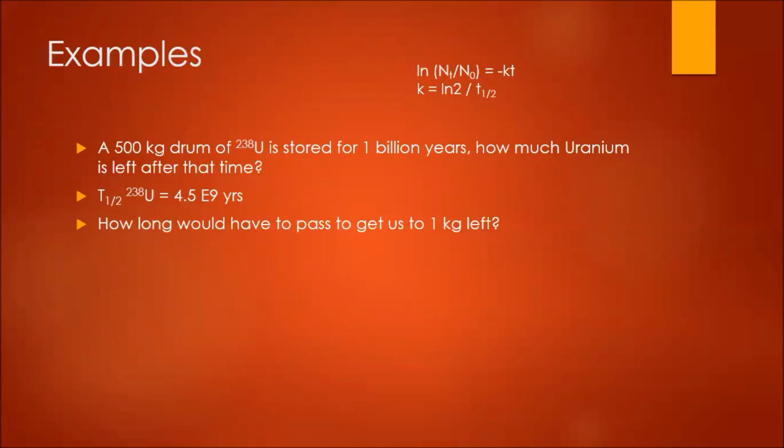So ln2 divided by the half-life, 4.5 times 10 to the 9th, you get a K that happens to be a really small number, 1.54 times 10 to the negative 10.